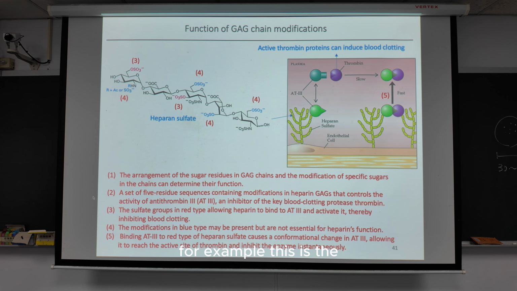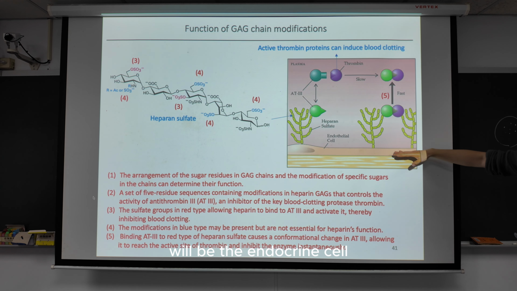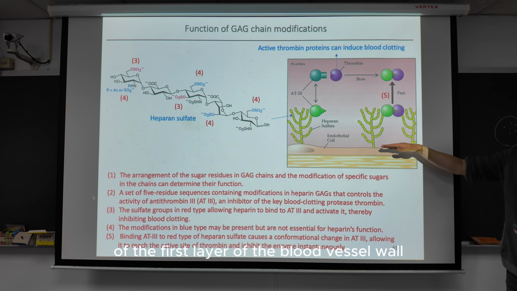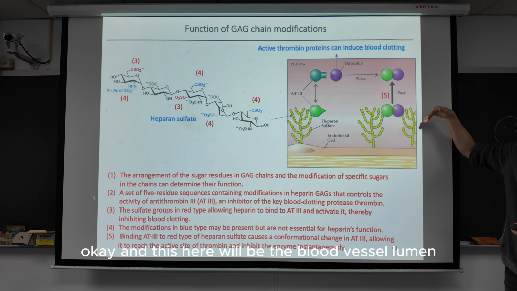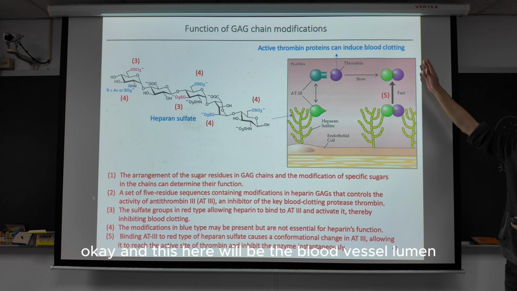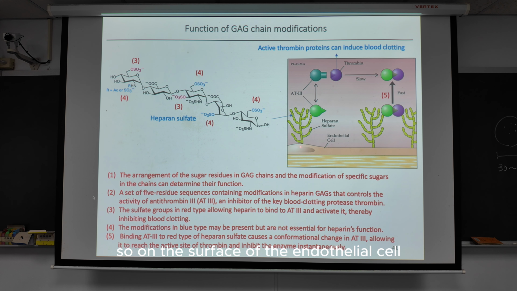For example, this will be the endothelial cell, the first layer of the blood vessel wall, and this will be the blood vessel lumen. On the surface of the endothelial cell, there are several surface proteins or sugars, or GAGs like heparan sulfate. The detailed structure looks like this.